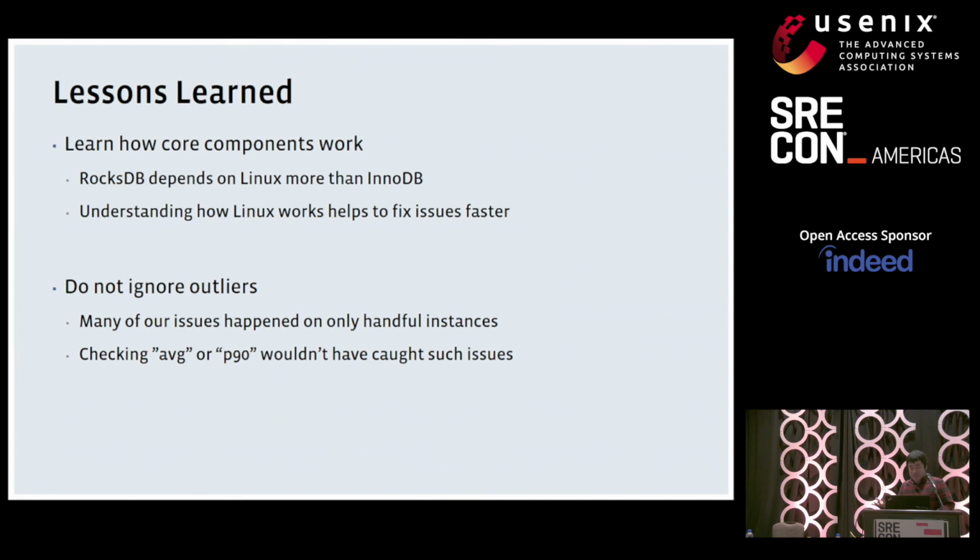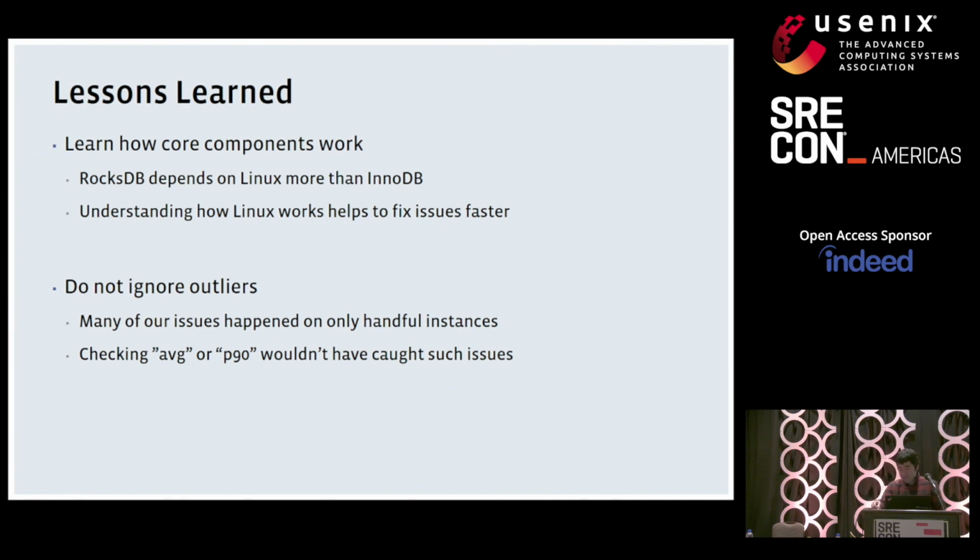And do not ignore outliers. We have many databases. I'm not allowed to say the exact numbers, but we hit issues only on a few databases. So if we check only P99 or average, then we could not find the issues.